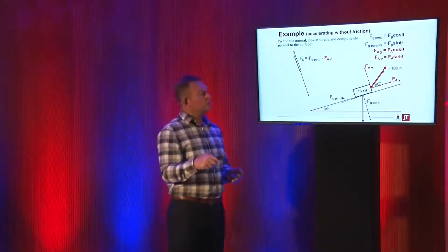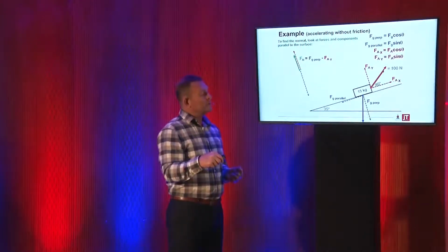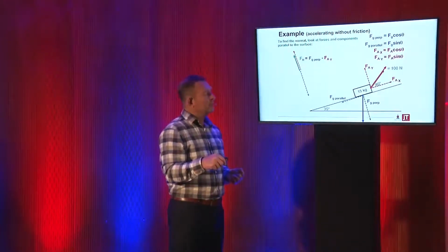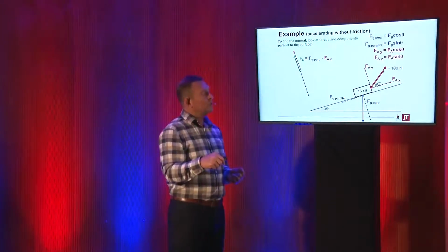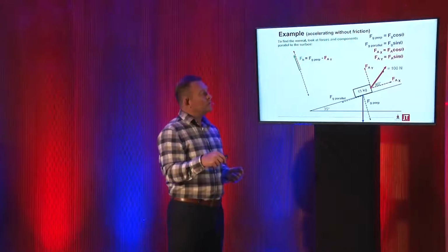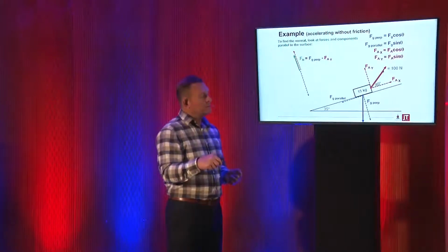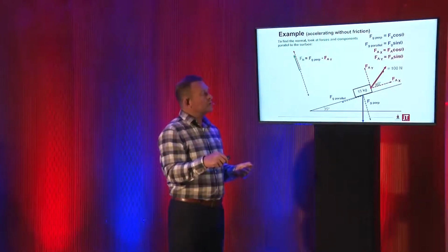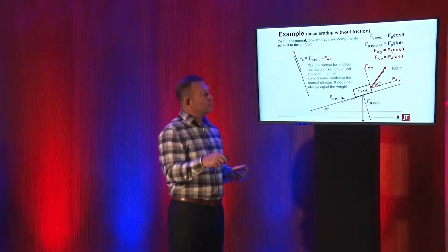There's the normal force, which we're trying to calculate, and then there's the perpendicular component of the gravitational force acting downwards, and then there's the vertical component of the applied force shown in red. And the normal force will be the difference of the two. The resultant force is 0 in this case, in the direction perpendicular to the slope. So by using this formula over here, we could now calculate the normal force.